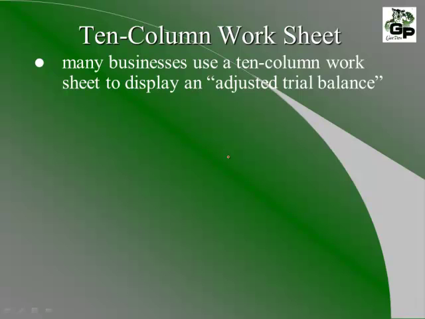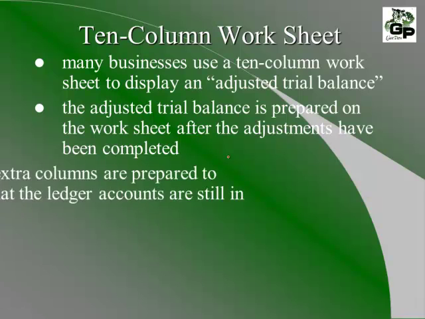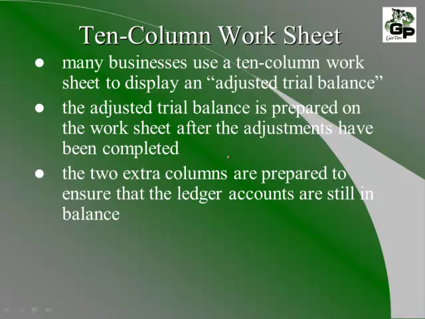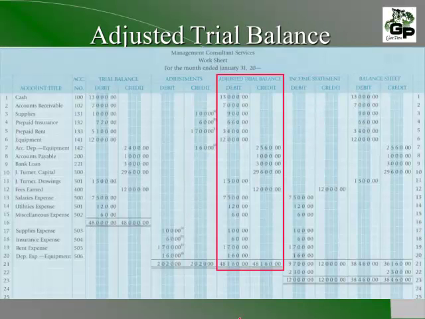So some people like to see those results on the worksheet, and that's why we use a 10-column worksheet. The adjusted trial balance is prepared on the worksheet after the adjustments have been completed. The two extra columns are prepared to ensure that the ledger accounts are still in balance. The adjusted trial balance columns come just to the right of the adjustment columns.